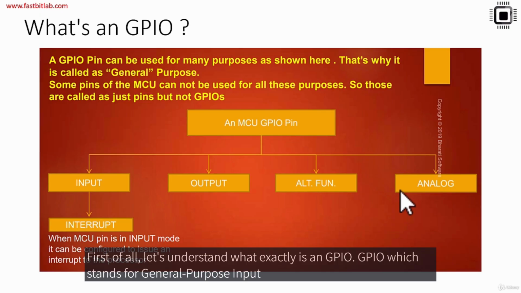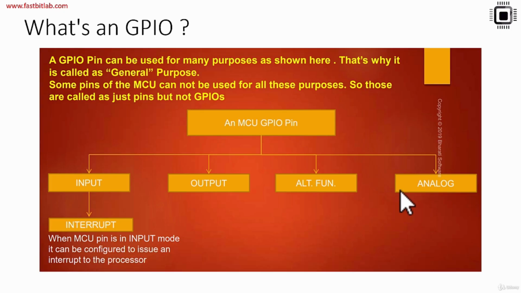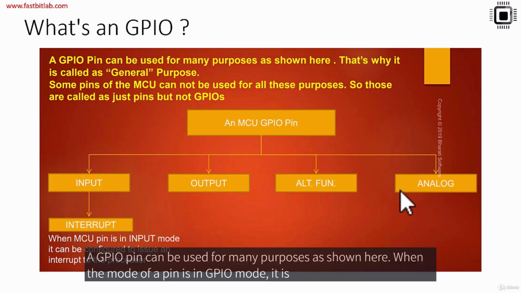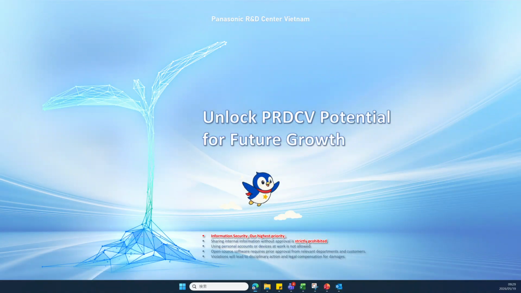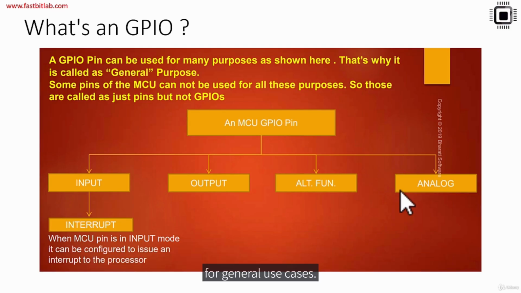GPIO, which stands for General Purpose Input Output, is one of the modes of a pin of the microcontroller or of an SoC. A GPIO pin can be used for many purposes, as shown here. When the mode of a pin is GPIO mode, it is for general use cases.